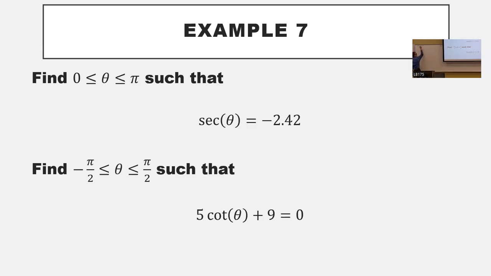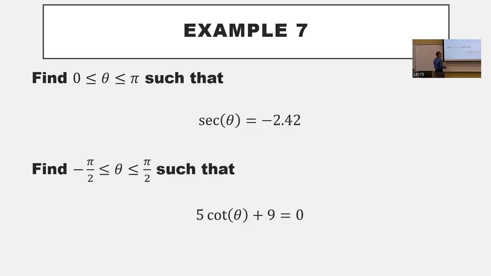Let's say we have secant of theta is equal to negative 2.42, and we want to find the theta between 0 and pi where secant of that value is negative 2.42.